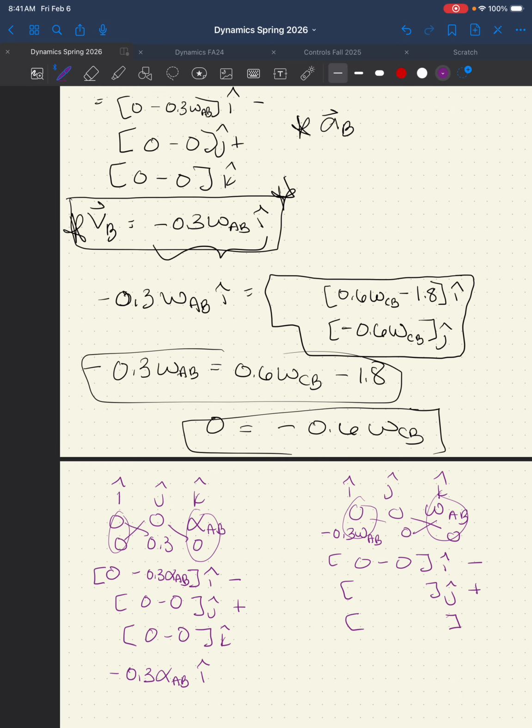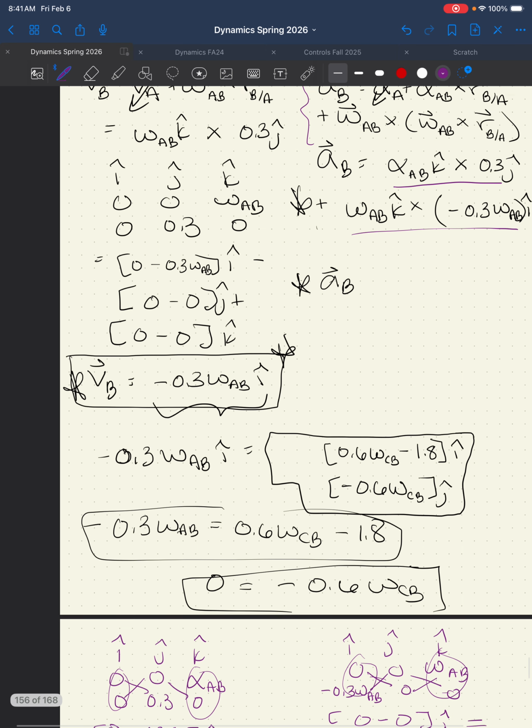J will be 0 minus negative 0.3 omega AB squared. And then 0 minus 0. Okay, so I see 3 negatives here. So 1, 2, 3. So I'll have a minus 0.3 omega AB squared J hat.